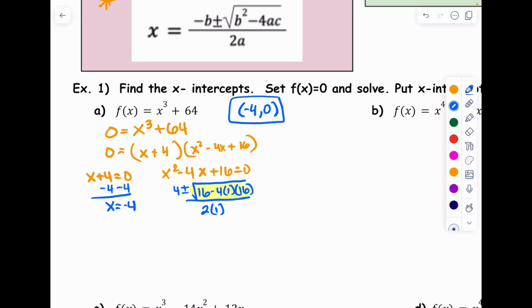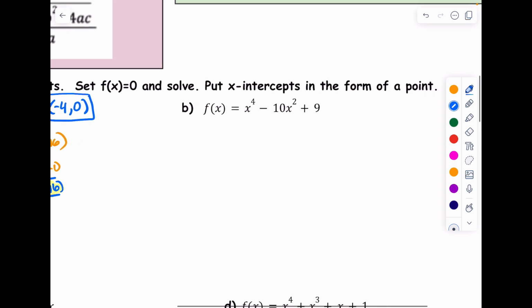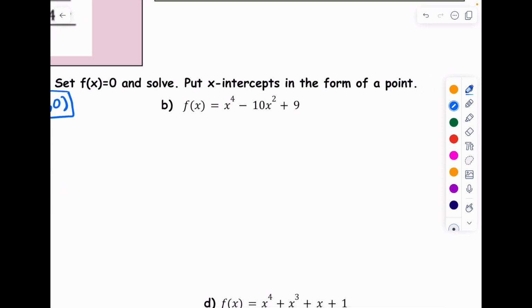Okay, let's look at this one. So this one has degree 4. So in order to even factor this or use the quadratic formula, it has to be in quadratic form. We've already done this in the past. We're going to take this and set that equal to w so that we can see this problem in quadratic form.